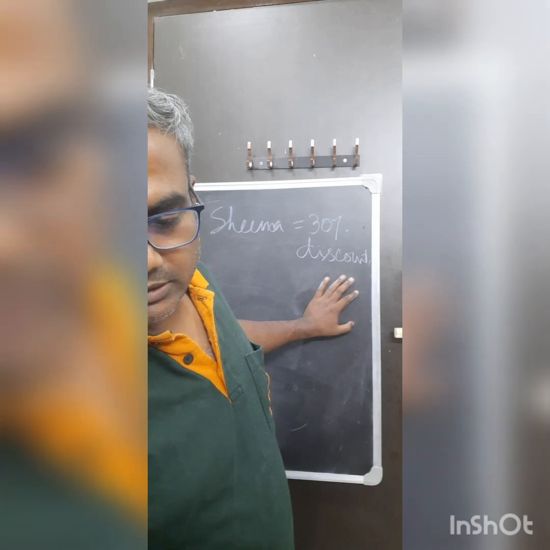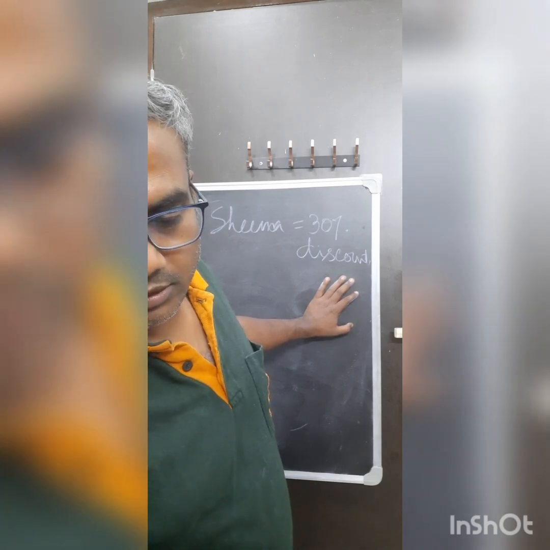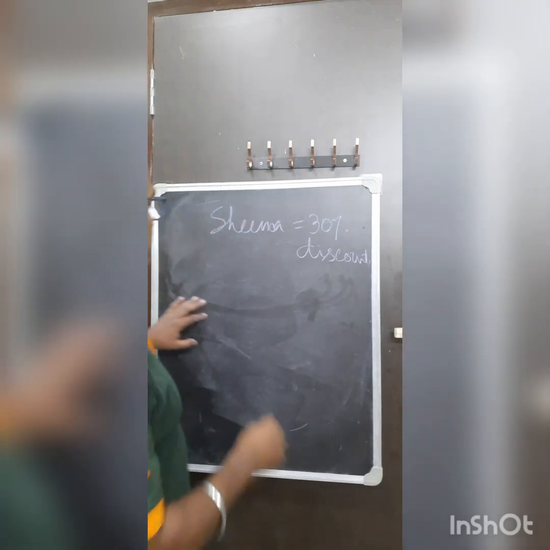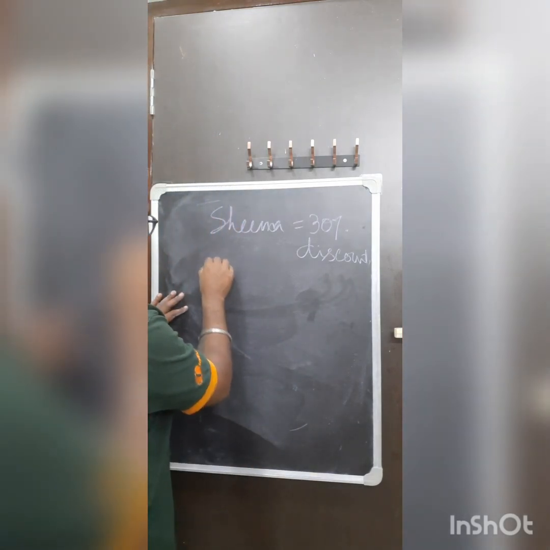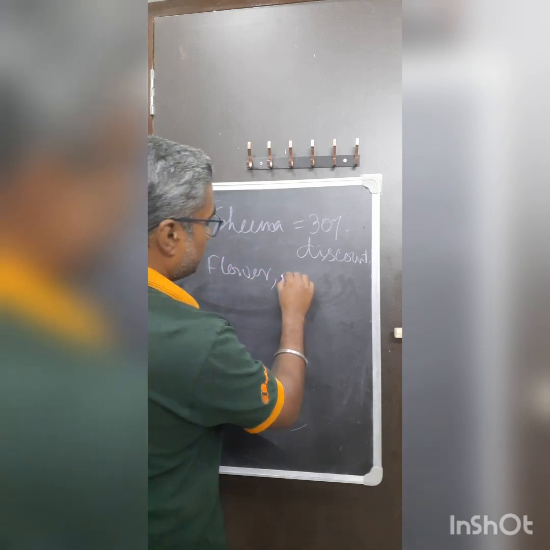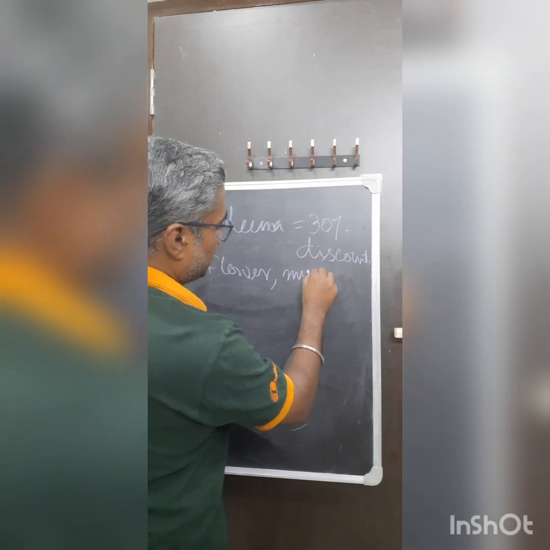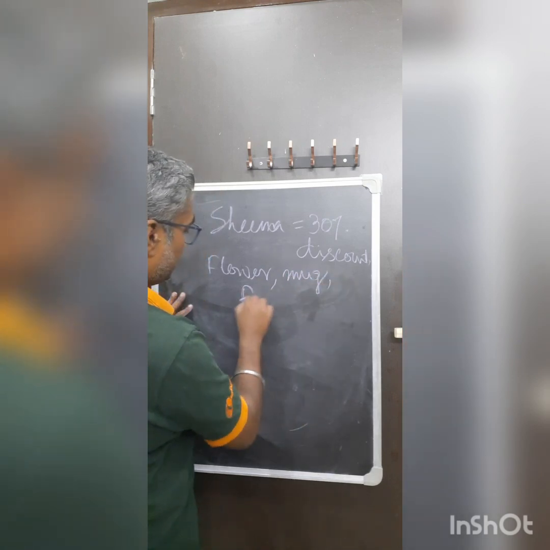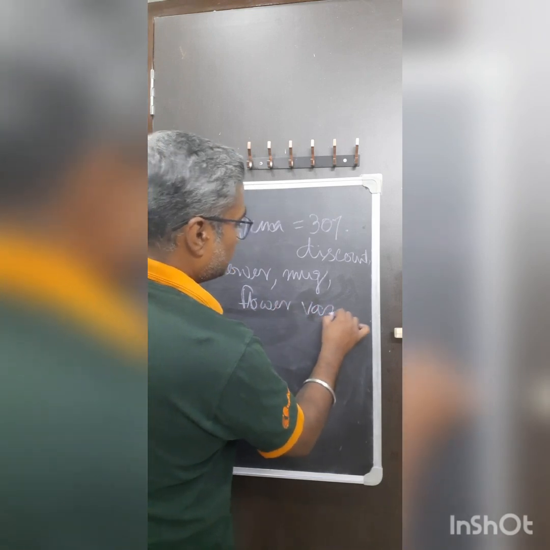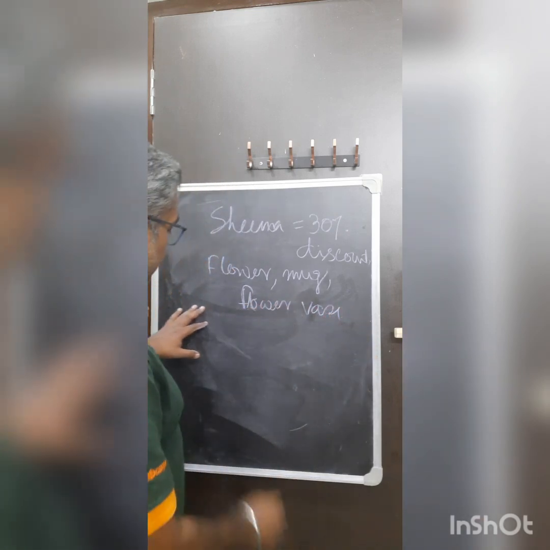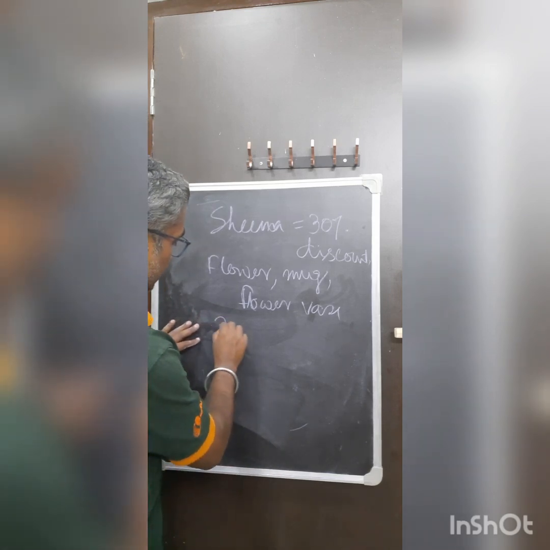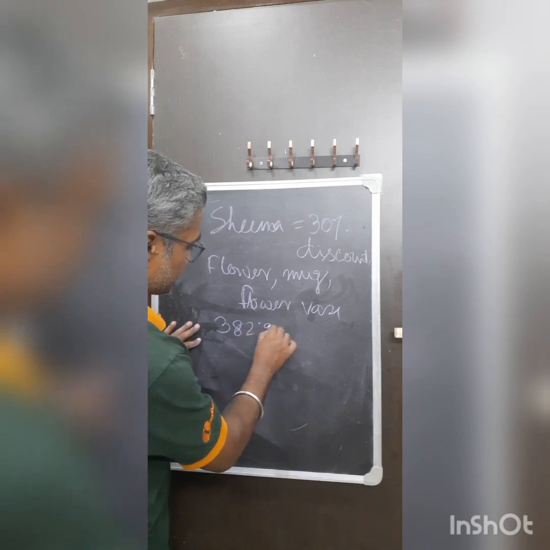So she is buying three items: flowers, a mug and a flower vase. The three items she is getting at a price of 382.9 for the first one.